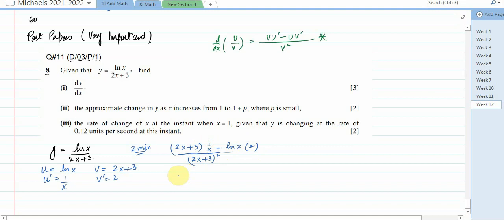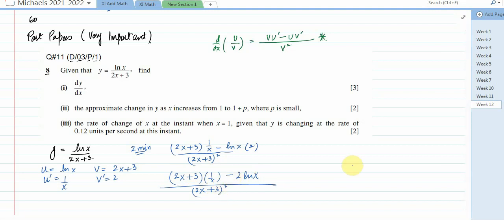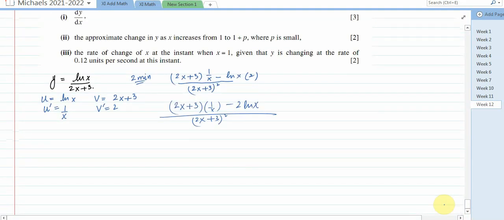Further we can say that it's 2x plus 3 times 1 upon x minus 2 ln x divided by 2x plus 3 whole square. We take the LCM in the numerator. So in the numerator it's 2x plus 3, the LCM part is x, minus 2 times x ln x, divided by, in the denominator, 2x plus 3 whole square.